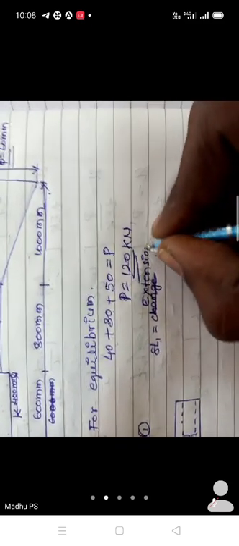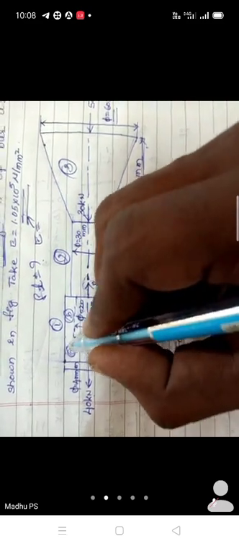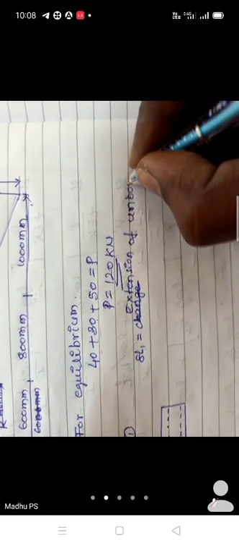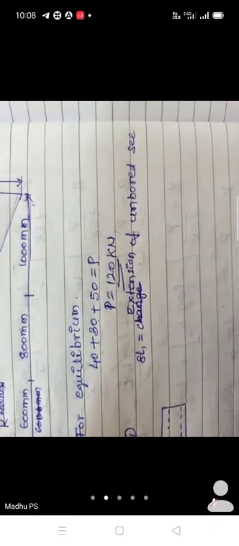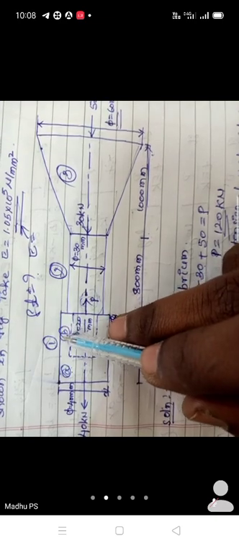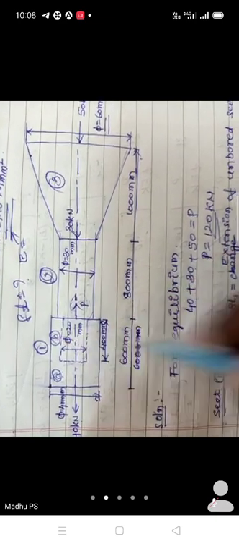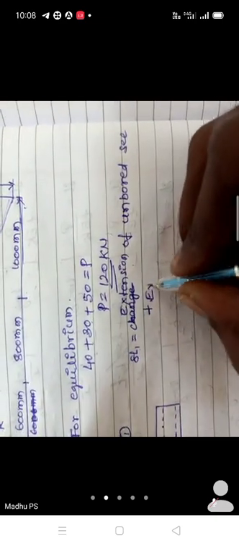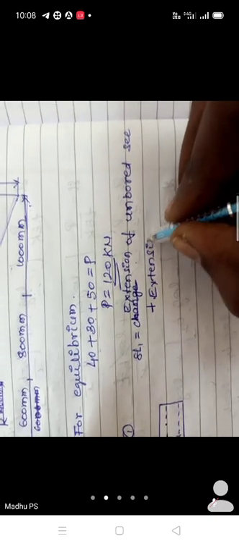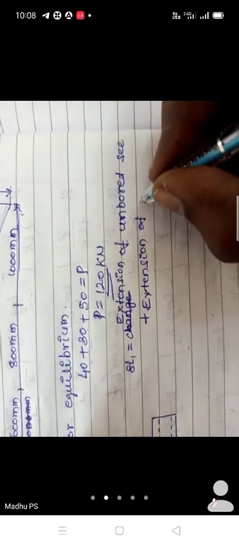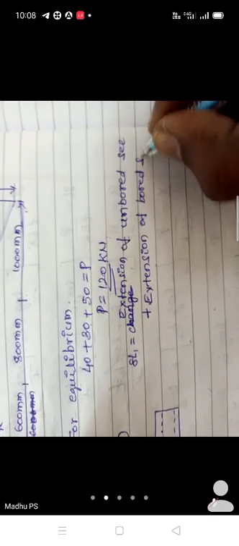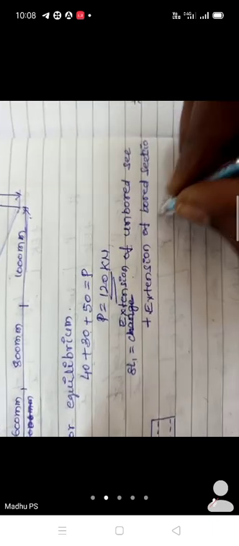Better you write extension of the unbored section plus extension of the bored section. Is it bored from here to here? No. This is unbored region, unbored section.